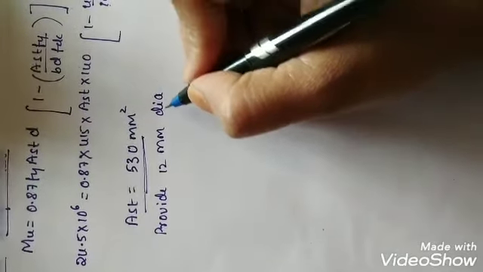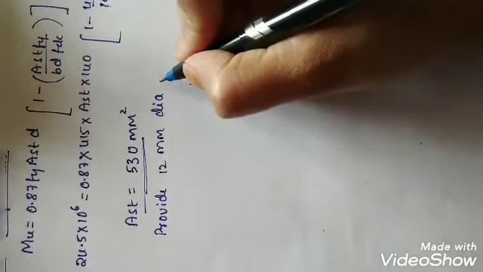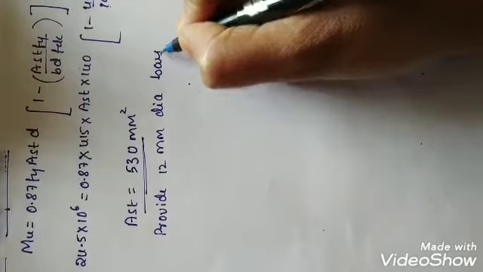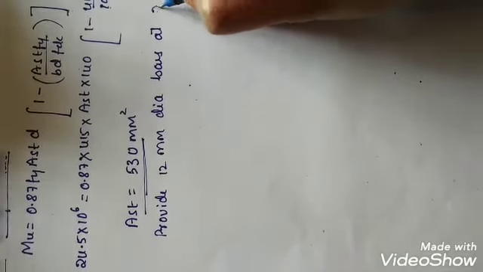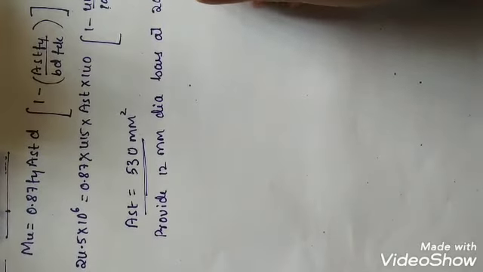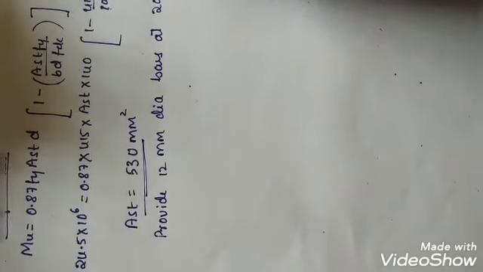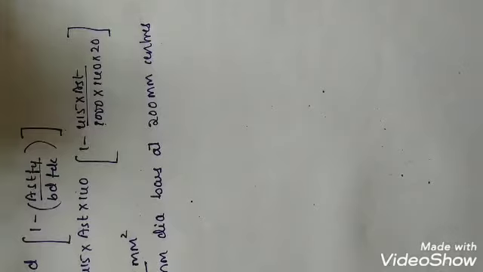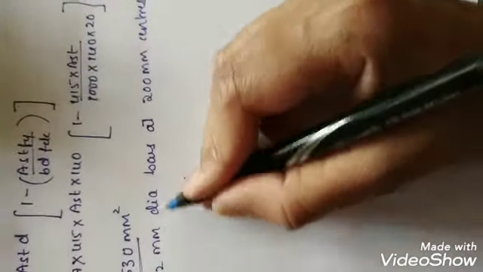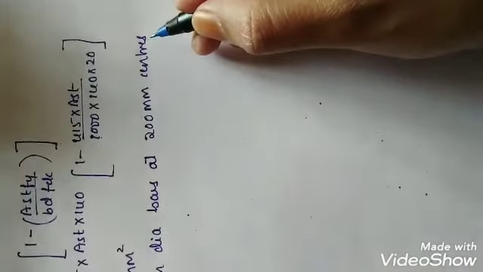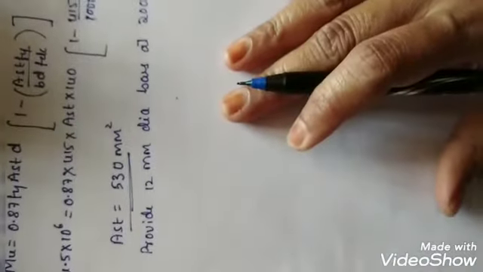And I will take the center to center distance as 200 mm. So this is our assumption, 12 mm diameter bars at 200 mm centers, and let me check is it safe or not.